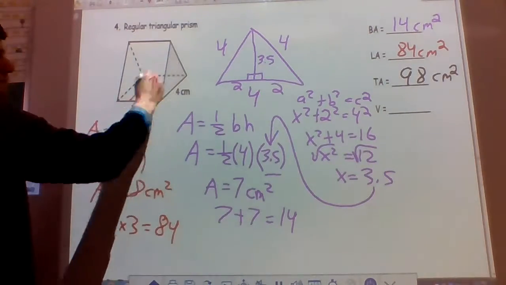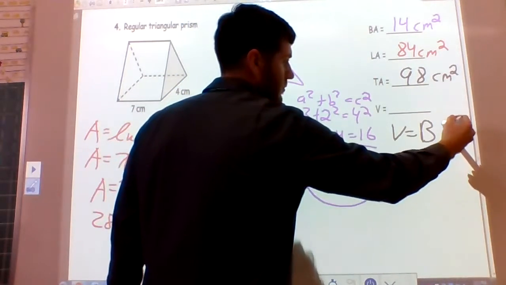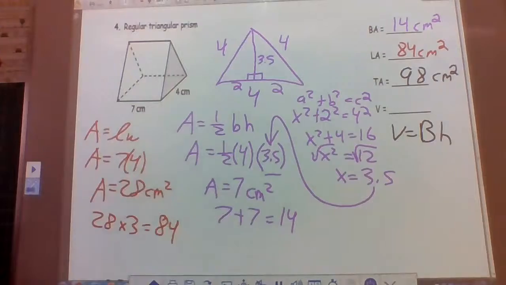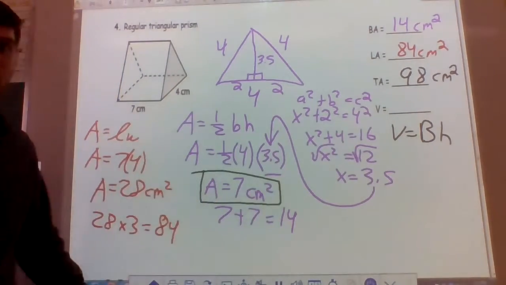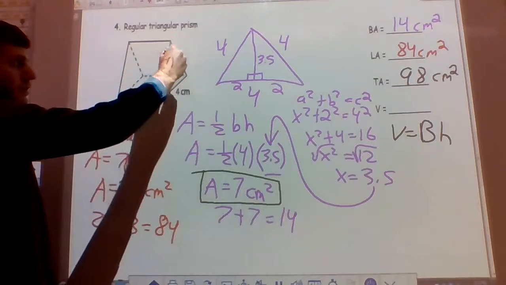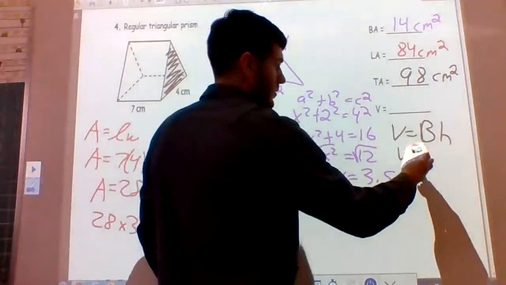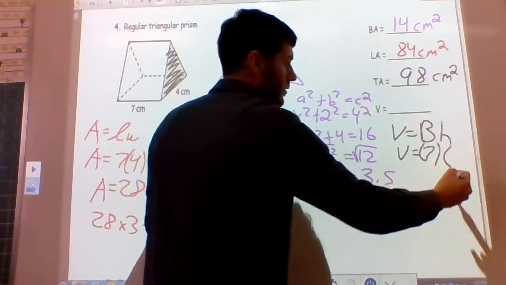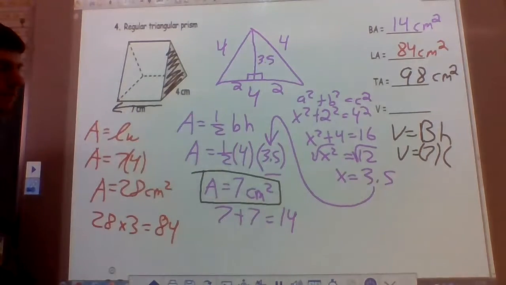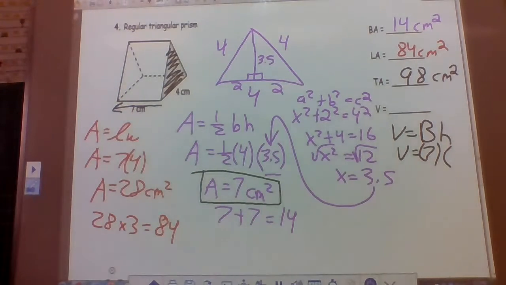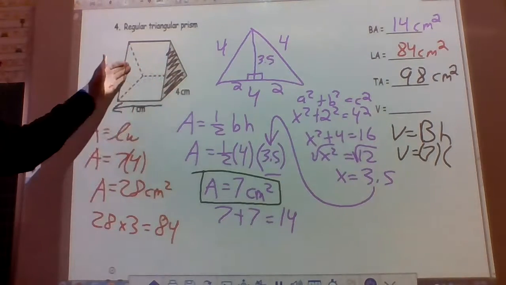And then the last step is volume. Volume for a prism is the base area times the height. We found the area of one of the bases, the area of one of the triangles. So right here, this area is 7 centimeters squared. And then our height is 7 centimeters, the height being the distance from the first base to the second base.